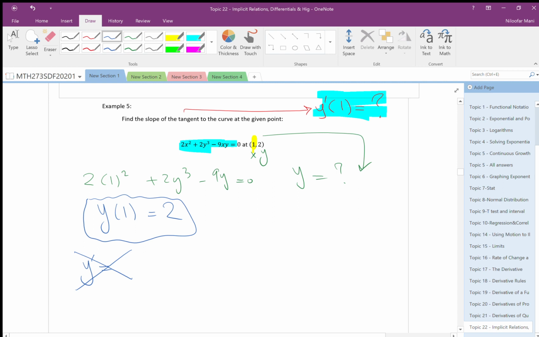So 2x squared plus 2y cubed minus 9xy, derivative of left side equals derivative of right side. Now step by step. Derivative of first plus derivative of second minus derivative of third equals 0.